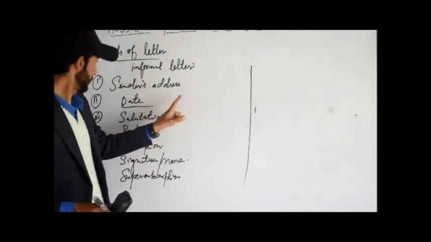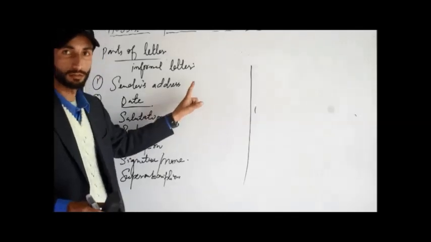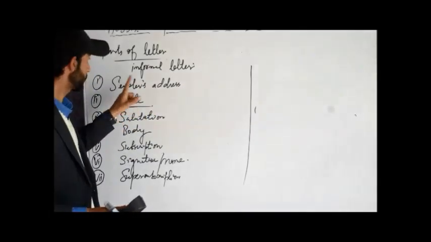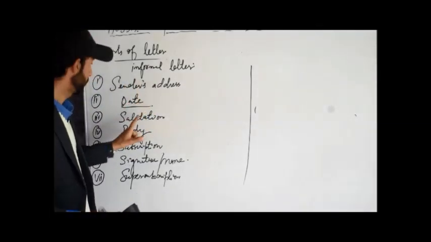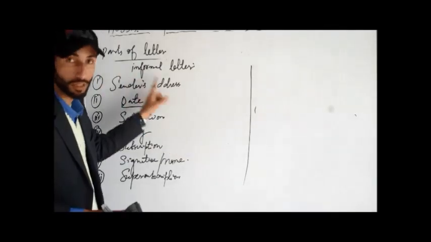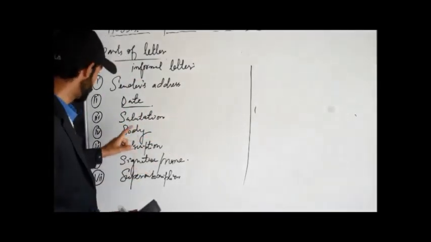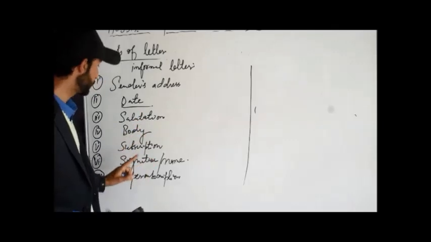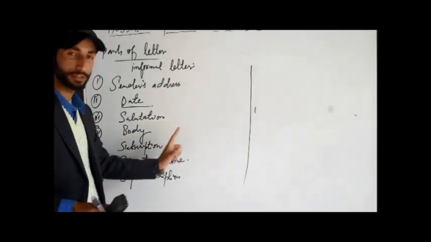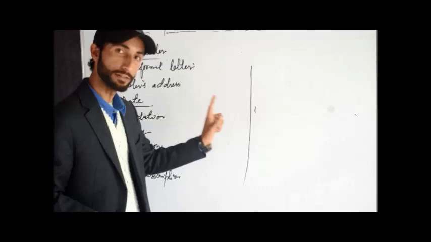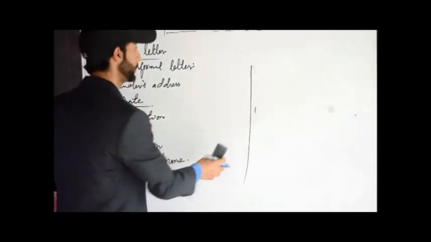We skip a few parts. Here we have sender's address, we have date, but we don't have receiver's address. We don't have subject in an informal letter. We have salutation, yes. We have body, subscription, signature, and we also write a super subscription in informal letters. So now let us discuss these parts one by one.